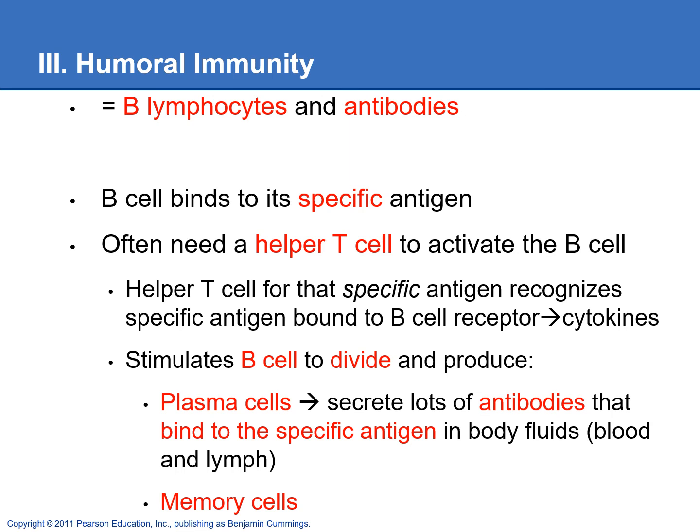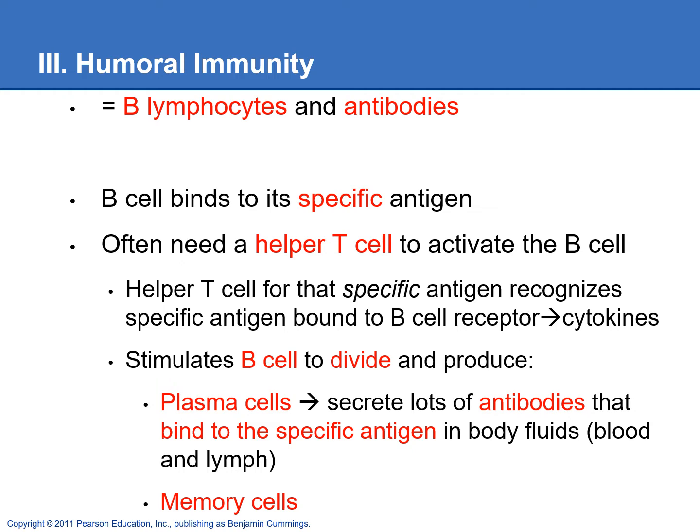All right, let's take a look at humoral immunity. This involves the B lymphocytes. They're going to be producing antibodies that will bind to pathogens that are out in any of the body fluids or the humors. And remember that each B lymphocyte is very specific to which antigen it recognizes.